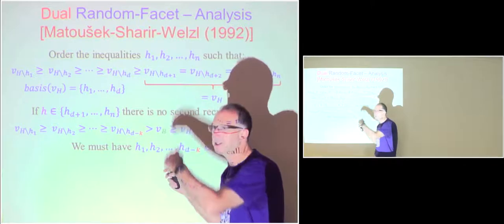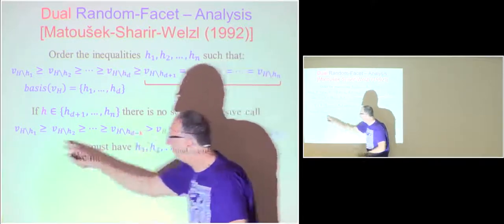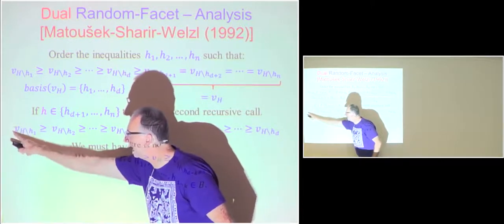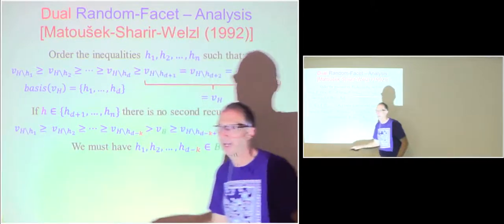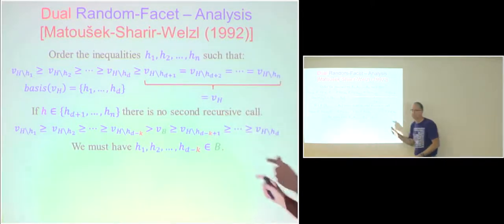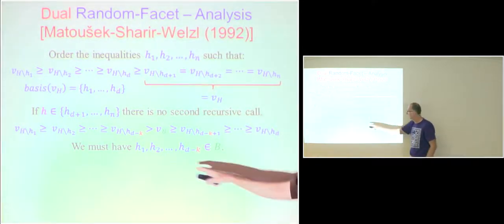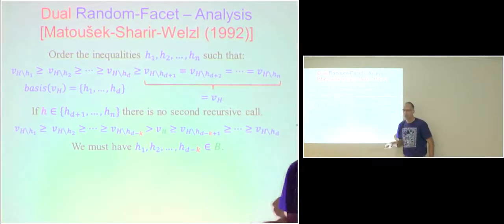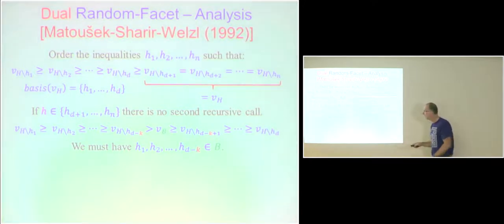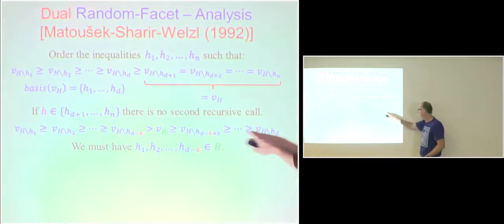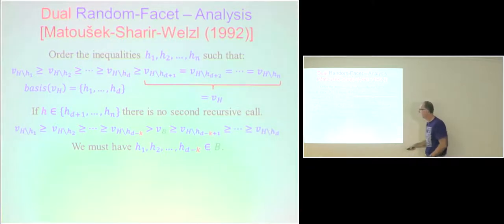And since it's a maximization problem, v of b would be at least as large as v of H minus h1. So it means that h1 must be currently in our basis. And similarly h2 up to h d minus k. Now what happens with all the other k inequalities? We don't know. They might be in B, they might not be in B.